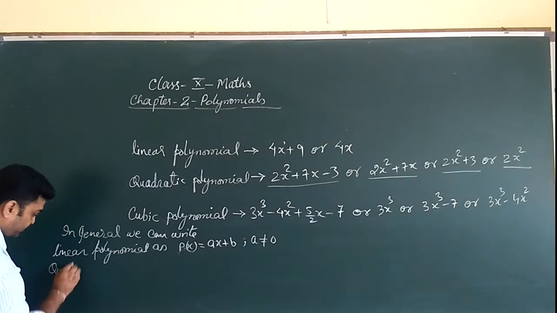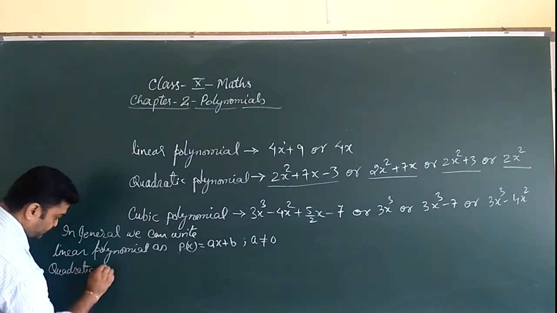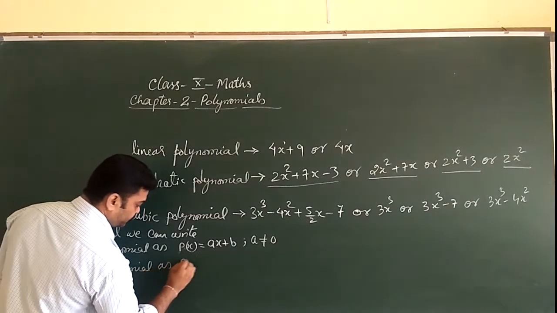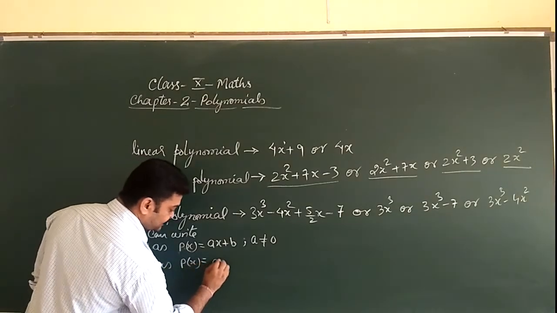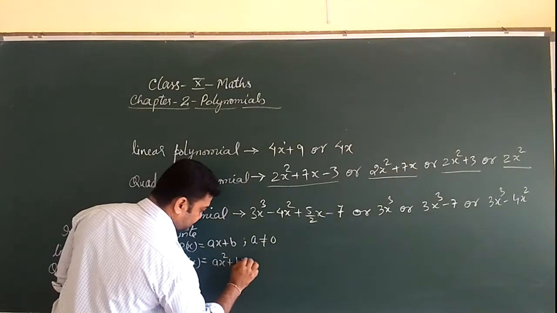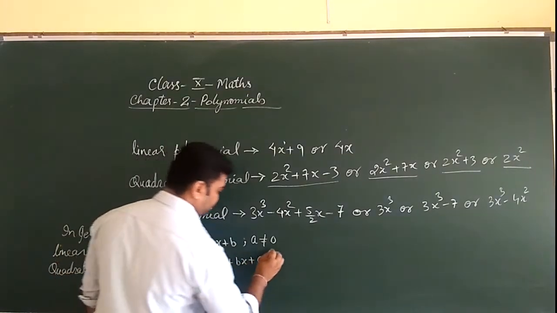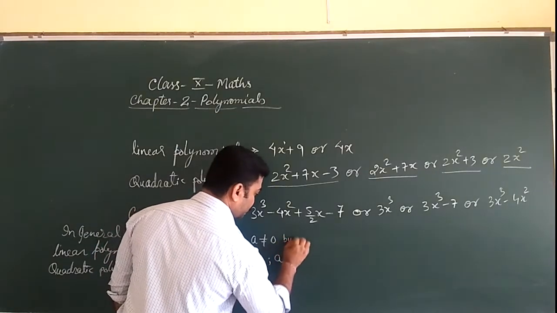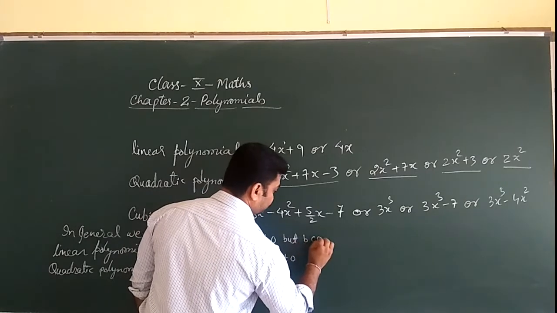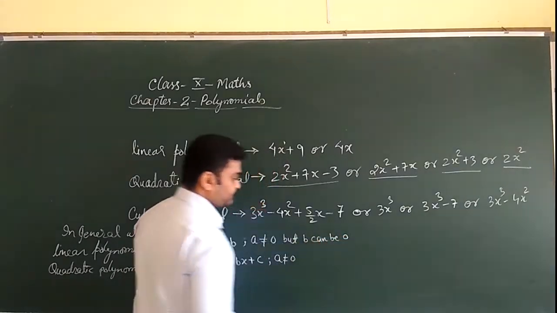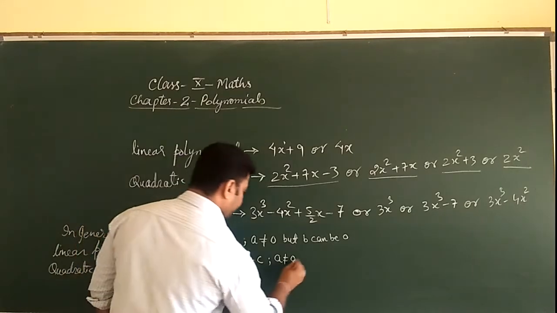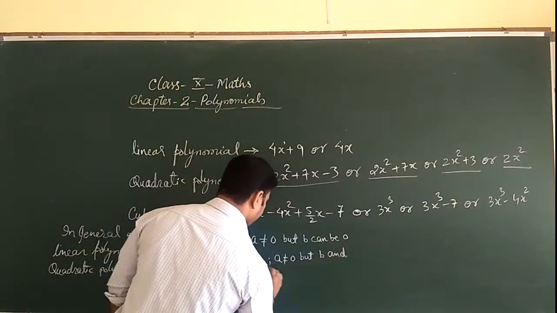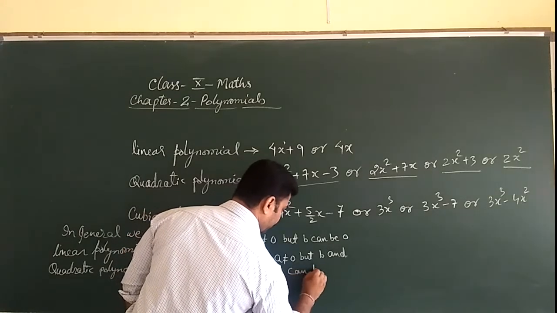A quadratic polynomial as p(x) is equal to ax square plus bx plus c, where a is not equal to 0 here also, but b and c can be 0.